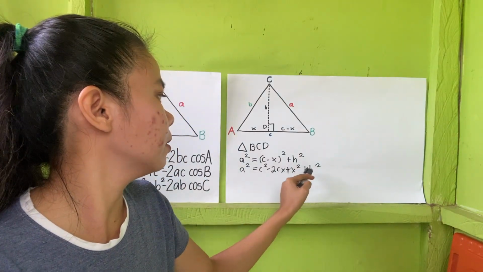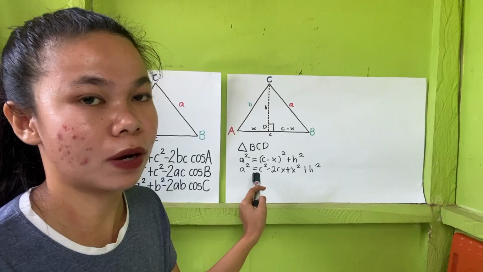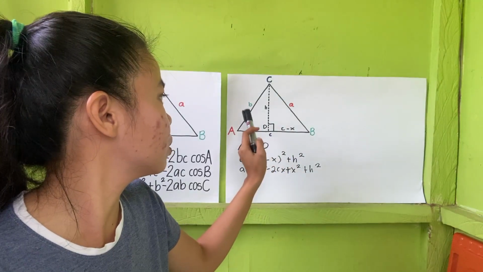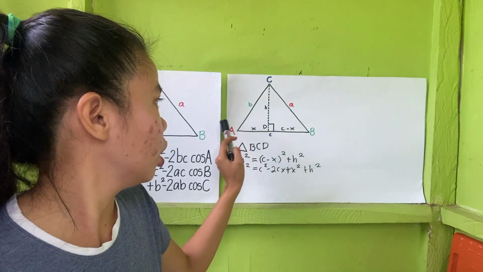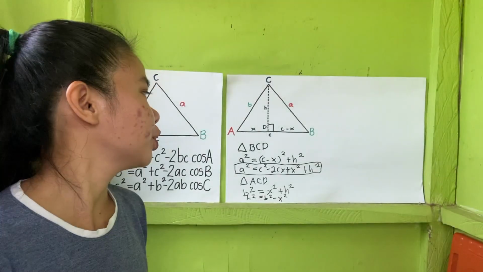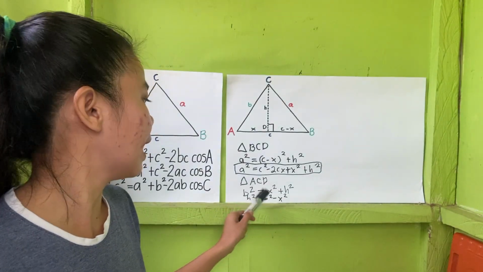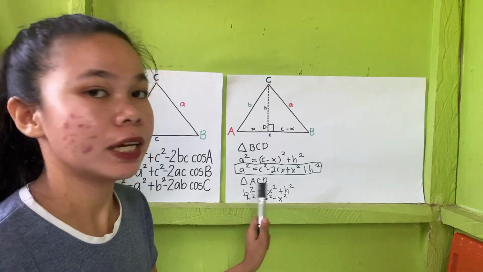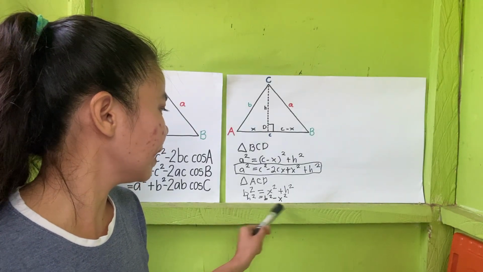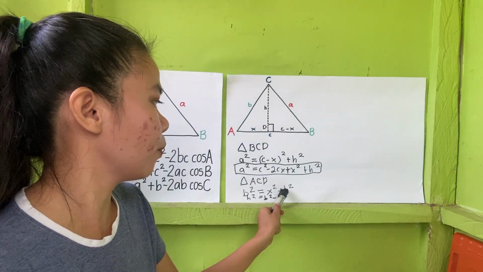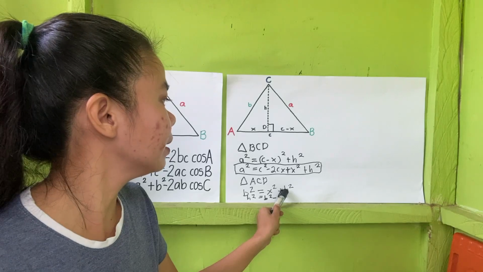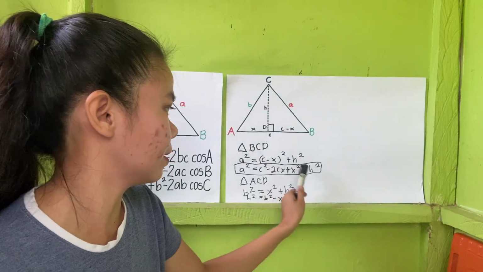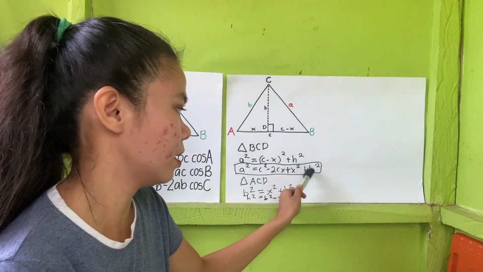Now, we are going to set this aside first because we will move to triangle ACD. For triangle ACD, we have b squared is equal to x squared plus h squared. Notice that we can isolate h squared so that we have a value for it, and we can substitute it here.